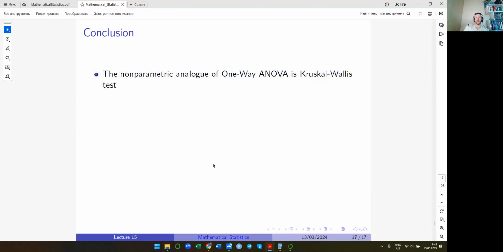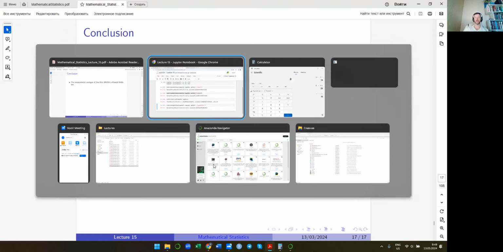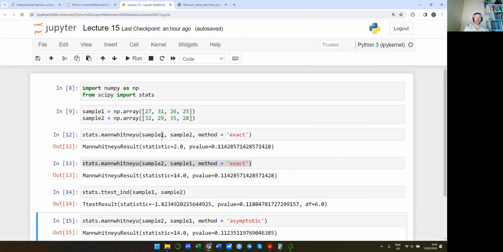There is a non-parametric analog of ANOVA, which is called the Kruskal-Wallis test. I'm not going to cover this, but if you are interested, you can study it yourself. Basically, it is similar.